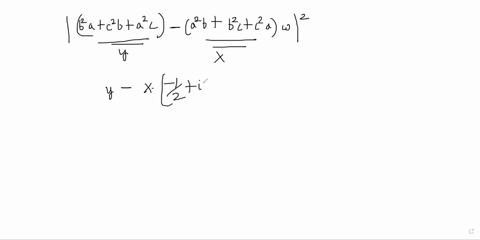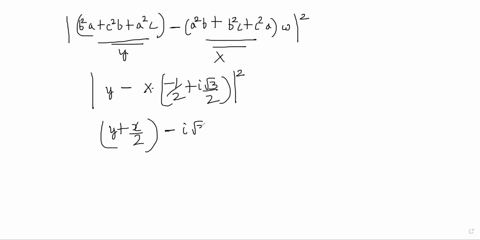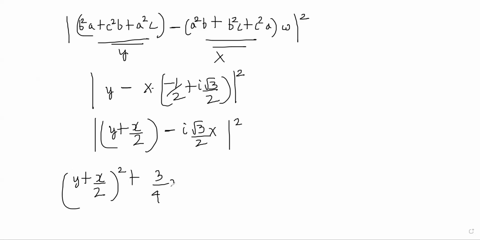Minus half plus i root 3 by 2. And I have to do modulus of this square, right? So this is clearly y plus x by 2 minus i root 3 by 2 x. This is my complex number. The modulus of this will be (y plus x by 2) whole square plus 3 by 4 x square, right? And now this is clear that this is x square plus y square plus xy.